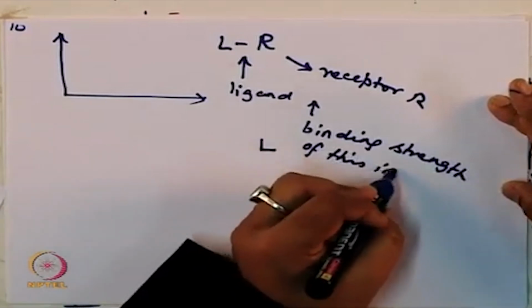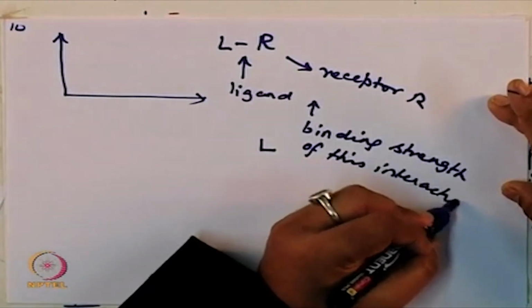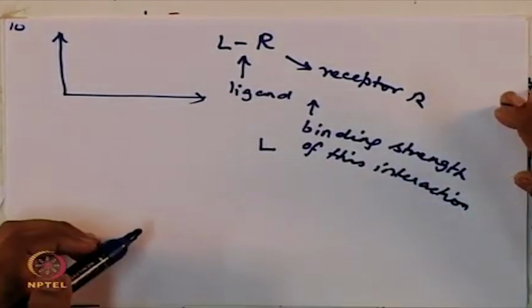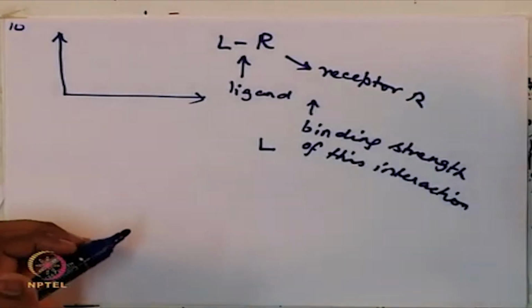Experimentally, if you want to measure in terms of forces the binding strength between L and R, you want to know how much force is required to tear apart a bond which is formed when L binds to R.